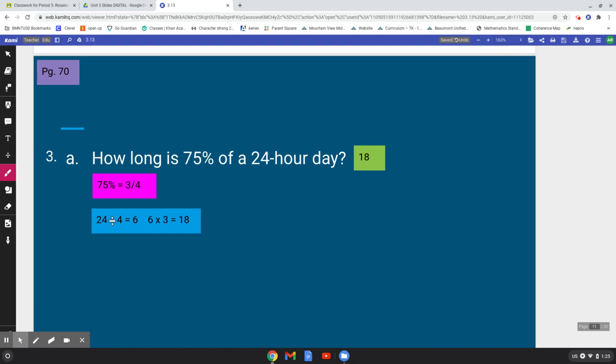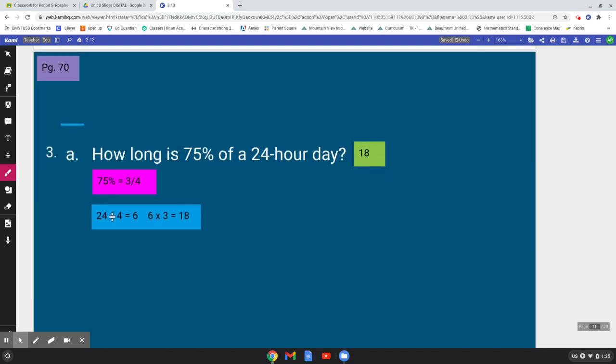So now we move on to 3. How long is 75% of a 24-hour day? Remember I told you earlier, 75% is the fraction 3 over 4.